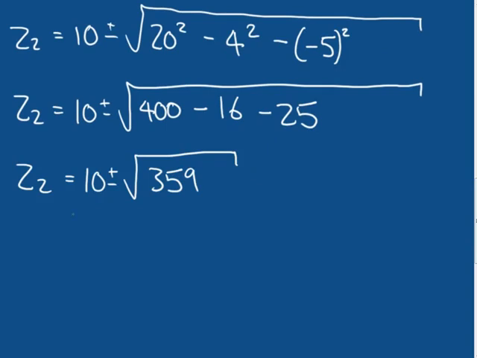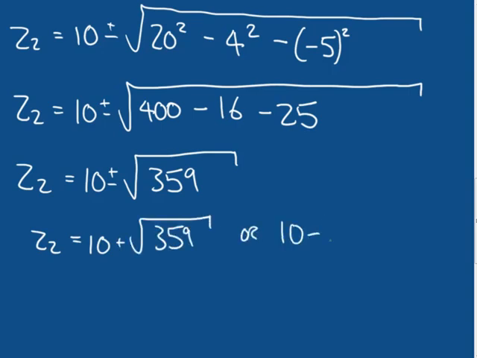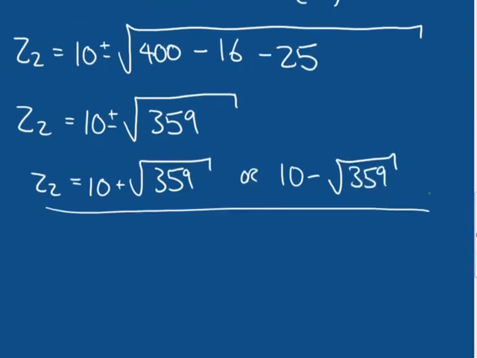You could leave it in this form, or you could write it as z2 is equal to 10 plus root 359, or 10 minus root 359. So you could have said these are the answers for z2, and I would accept that. That is mathematically accurate. Or we could go through and use a calculator to work out the values.